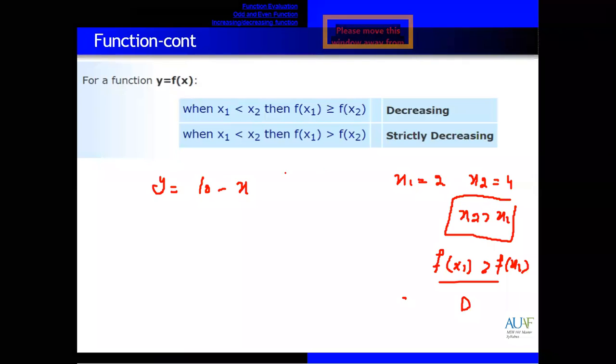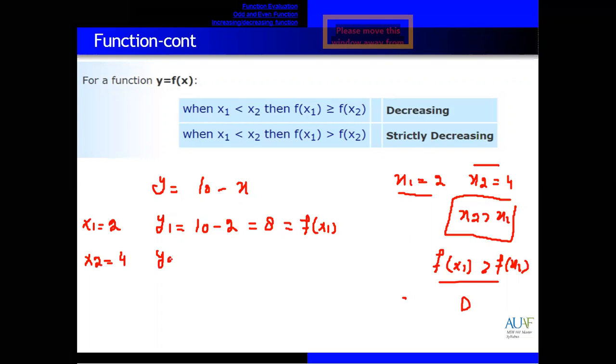So we have the function 10 minus x, and we select two values, x1 and x2. Let x1 be 2. We have y1 equal to 10 minus 2, because x is 2, equal to 8. This one is f of x1. Now the second value, x2, is equal to 4.